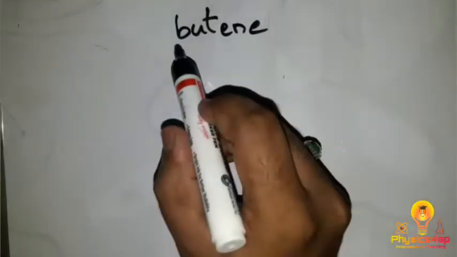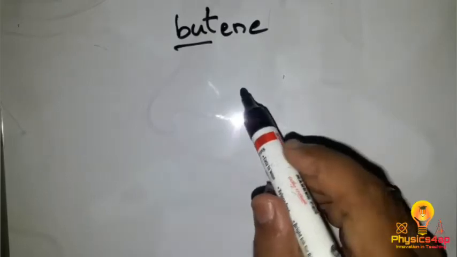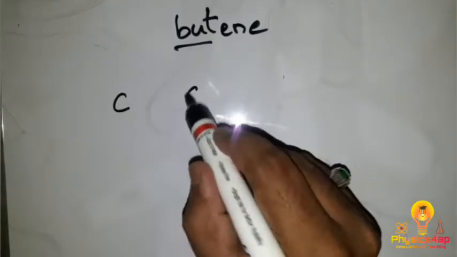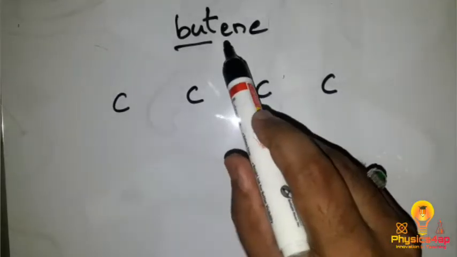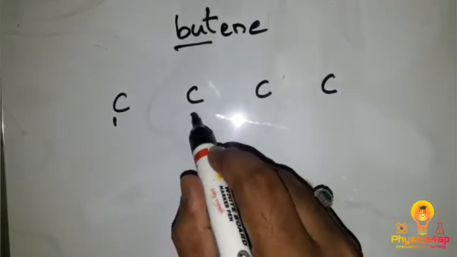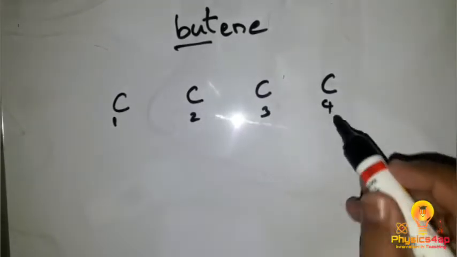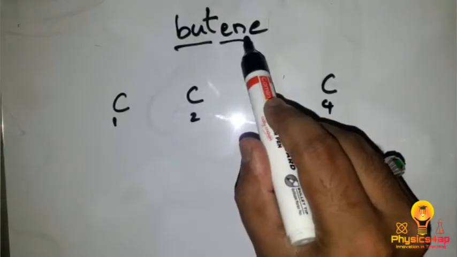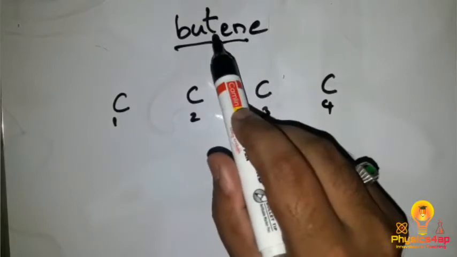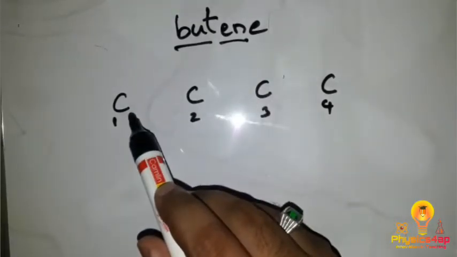See the number of carbons: but means 4 carbons, 1, 2, 3 and 4. And "ene" represents the double bond. As there is no number, it represents the first position.